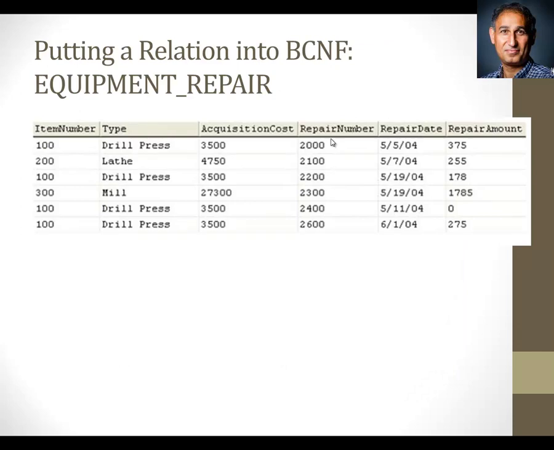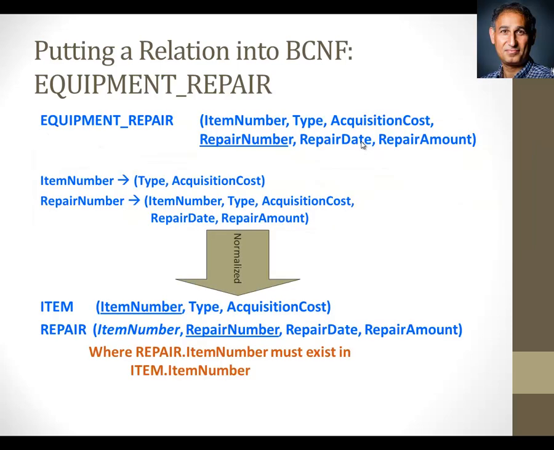Let's look at the following example. In this table, we can identify the item number as a determinant and the repair number as another determinant. Following the steps of the Boyce-Codd normal form, we identify the functional dependencies, then we identify candidate keys.